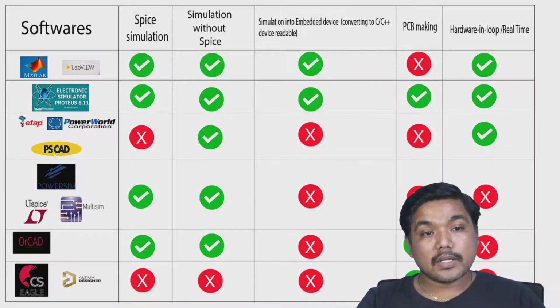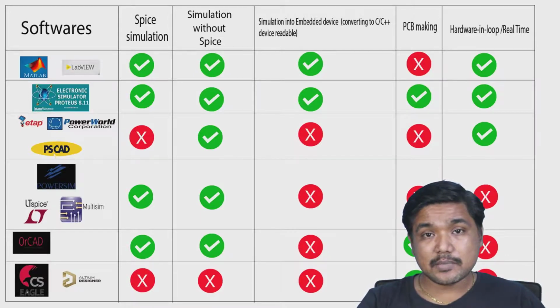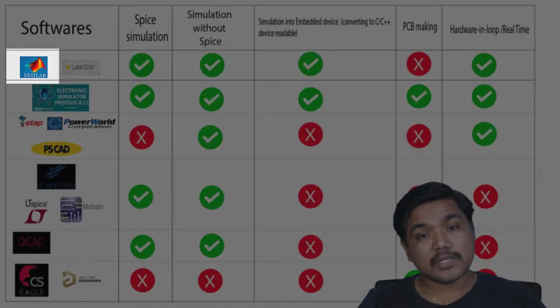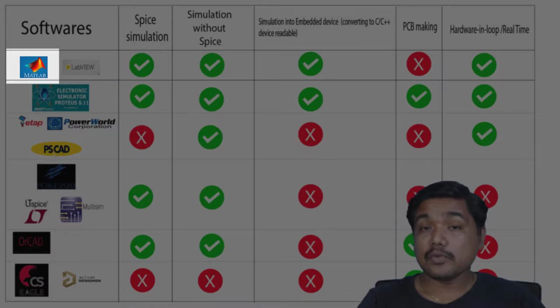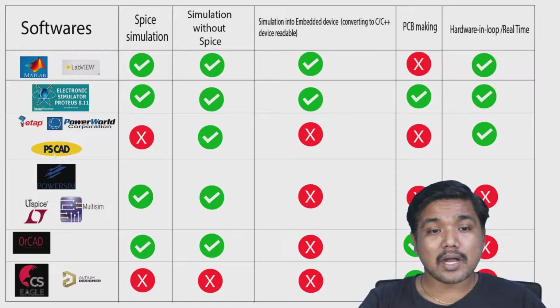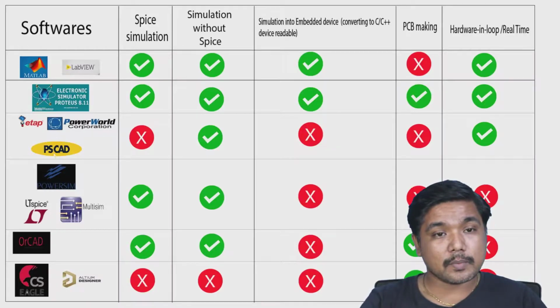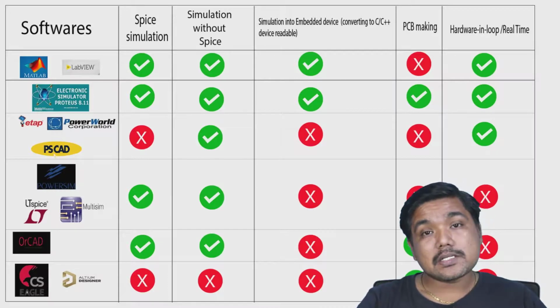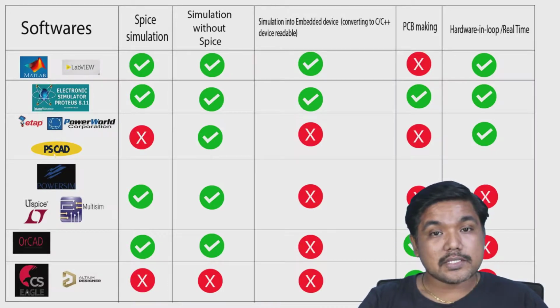So you need to decide. If you need a simple simulation with no complex things, you can go for MATLAB in the without-SPICE category. If you are going to work on hardware and need to know how it will perform, including parameters like temperature, you can go for SPICE simulation.